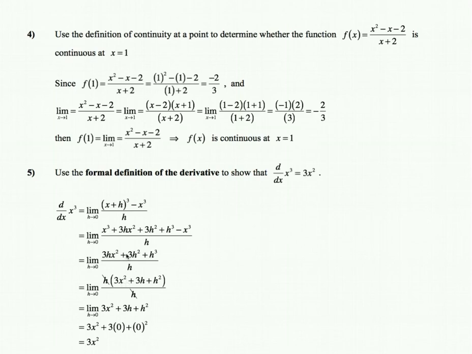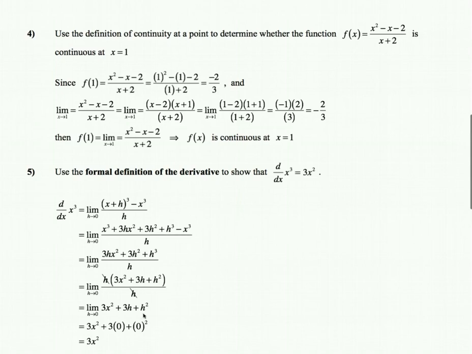Instead of 3h squared, we have 3h. And then instead of h cubed, we have h squared. And then those h's cancel. And this is very important because that keeps us from having a 0 in the denominator. And this becomes our simplified expression.